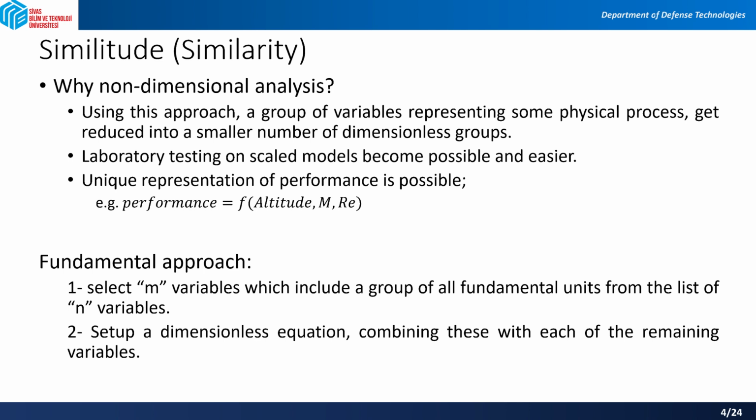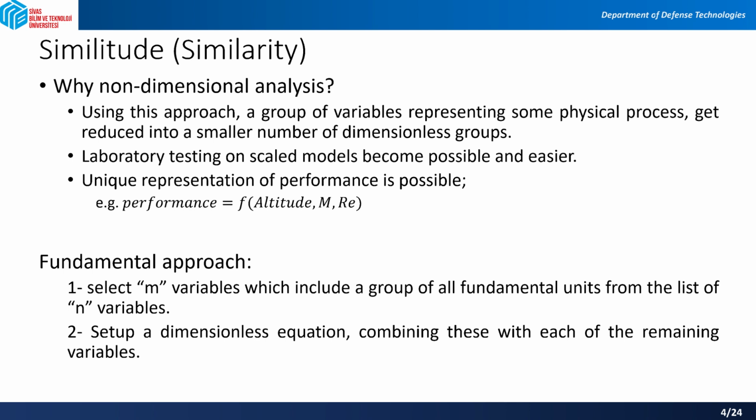When you do this non-dimensionalization, for example, you can say that the performance of this aircraft is a function of altitude, a function of Mach number, a function of Reynolds number, right? So you can have a unique representation. You remember the approach in non-dimensionalization was in two steps.